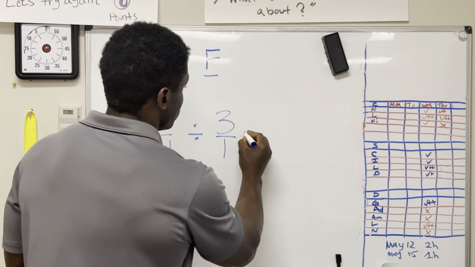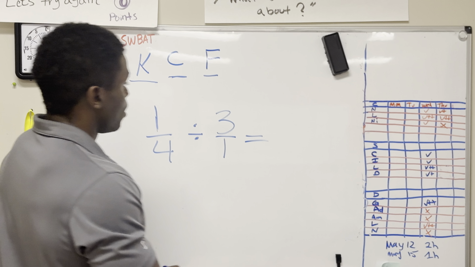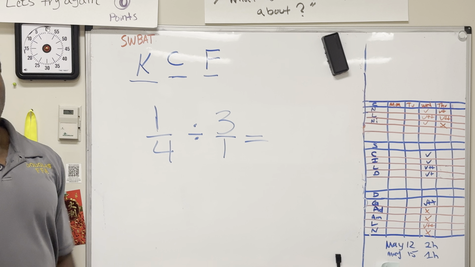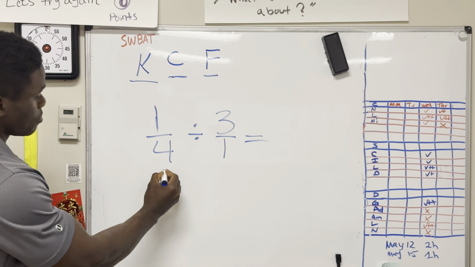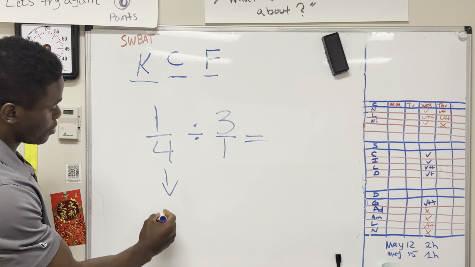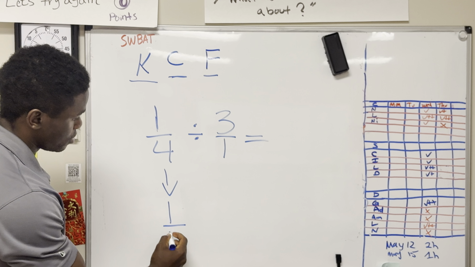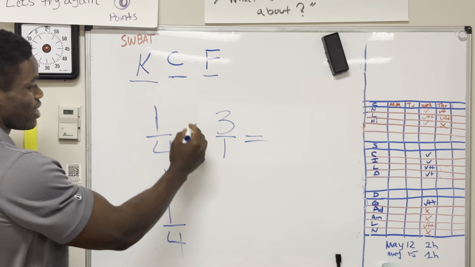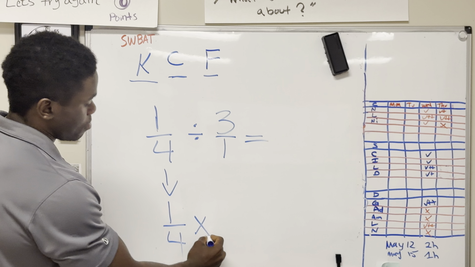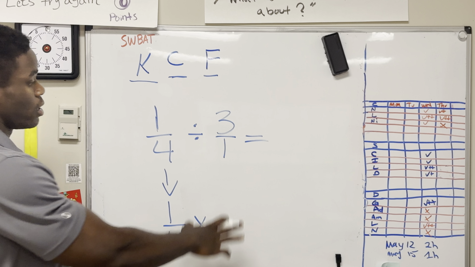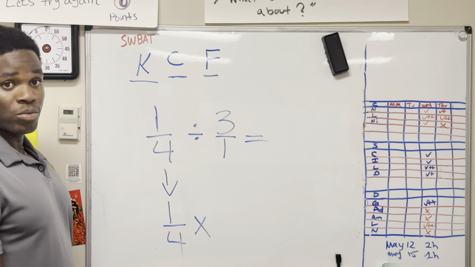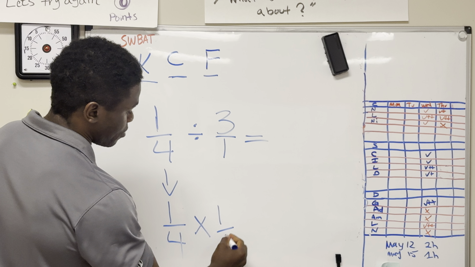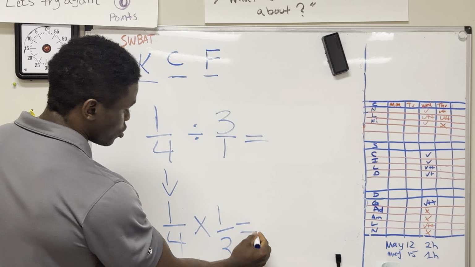Okay. So here, I can go ahead and solve using my methods of keep, change, flip. So I keep my first fraction, which is going to be 1/4. Then I go ahead and change my sign, becomes multiplication. Then my next fraction has to be flipped. That will become 1/3. Last step is just to multiply across.